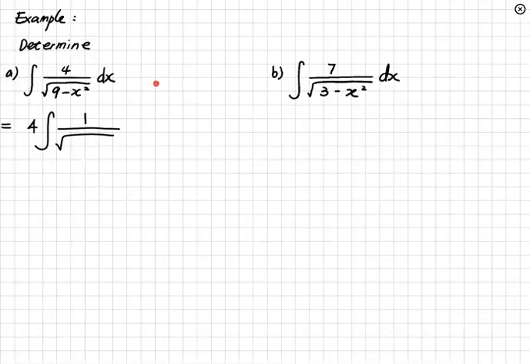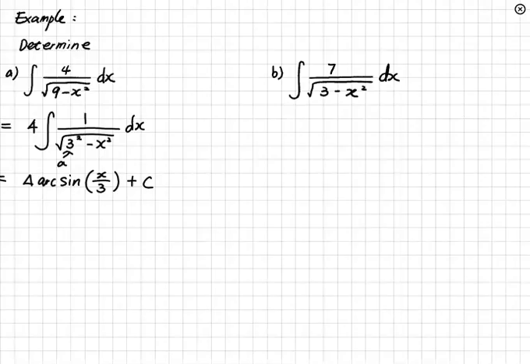And remember for the differentiation of the arc sine will give us a squared under the square root. So we have to write 9 as 3 squared minus x squared. Therefore, the answer should be 4 arc sine of x over a. So 3 is your a, and you have x over 3 plus c.